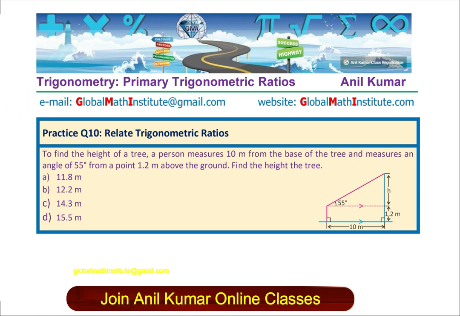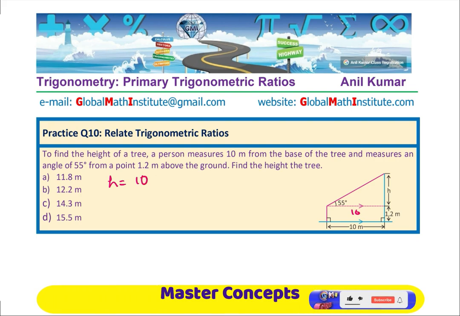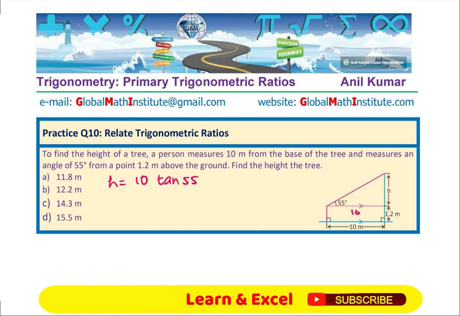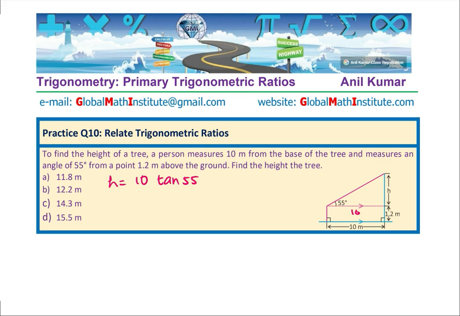Well, as you can see here, the distance 10 meters means this is 10, right? And the height will be equal to 10 multiplied by tan of 55 degrees, correct? And then we'll add 1.2 to find the full height, right? Okay, so 10 times tan of 55 gives you what? It gives you 14.3. I'm rounding to one decimal place. And to this 14.3, I have to add 1.2 meters, correct?